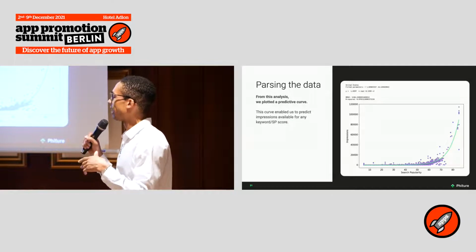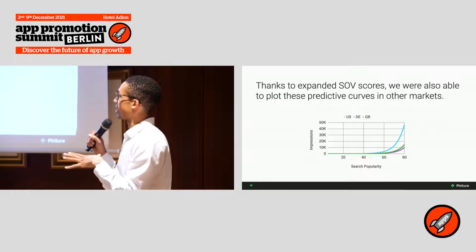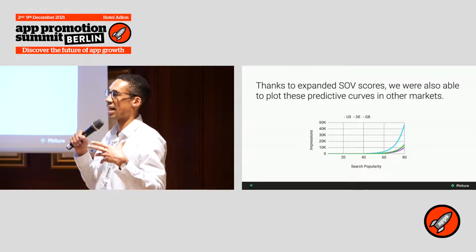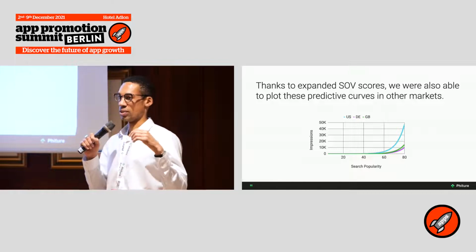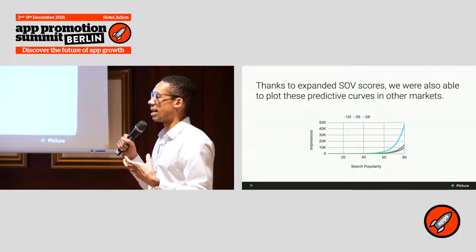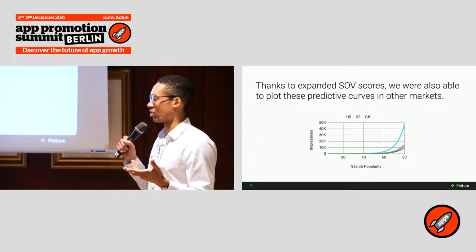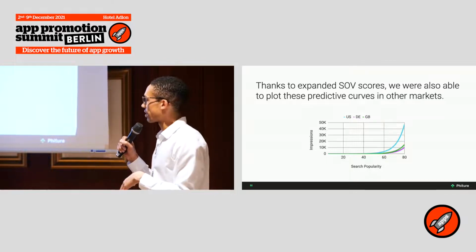And on the next slide, we can show something else that is really useful and interesting, which is that even if we have fewer data points in different markets, we're able to use all those data points because we're able to back out the number of impressions available from Apple's share of voice data. And so we're able to draw these predictive curves in multiple markets.